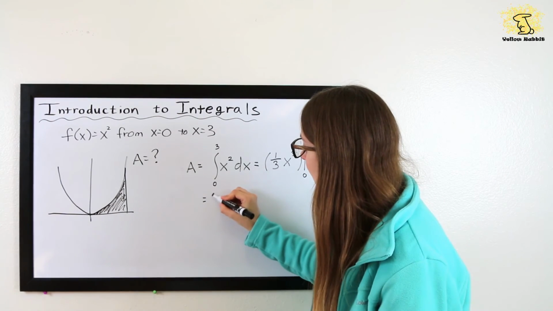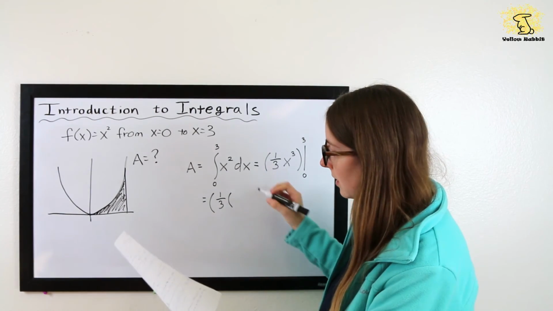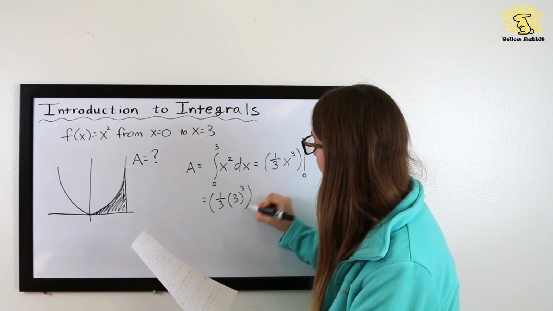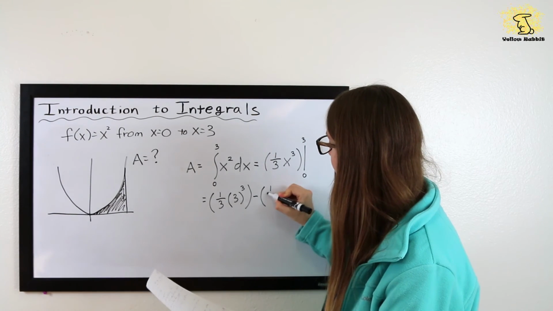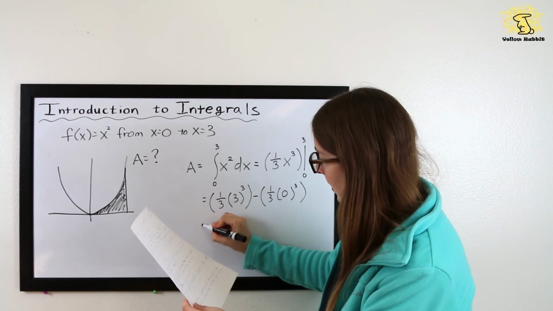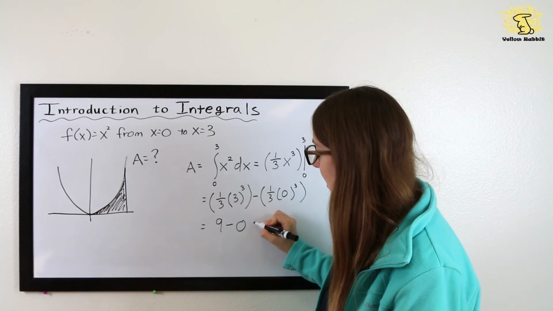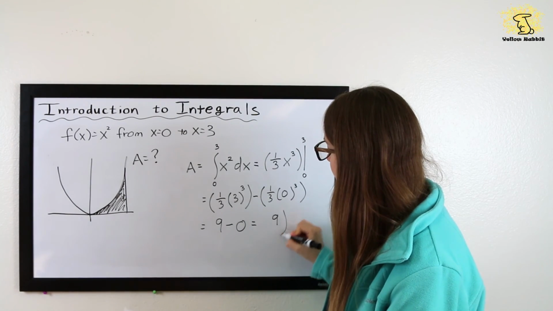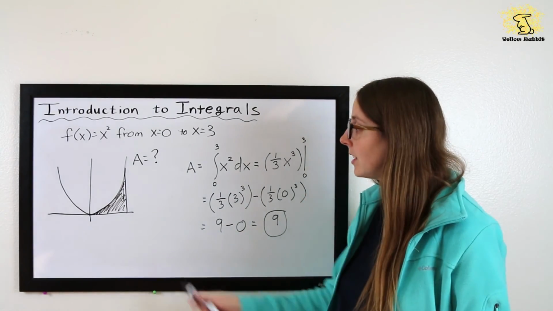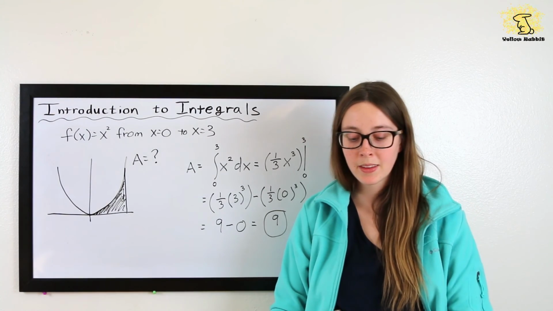Plugging in, I get my upper limit, 1/3 times 3 cubed, minus my lower limit, 1/3 times 0 cubed. Final result gives me 9 minus 0 equals an area of 9. So now we could successfully answer that question using our knowledge of integration.